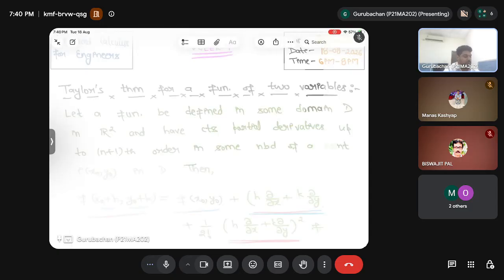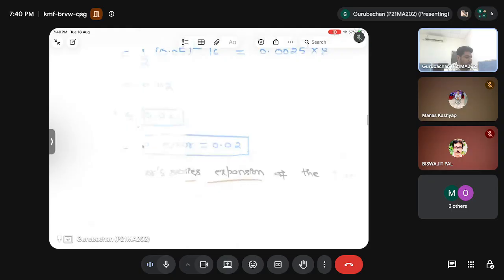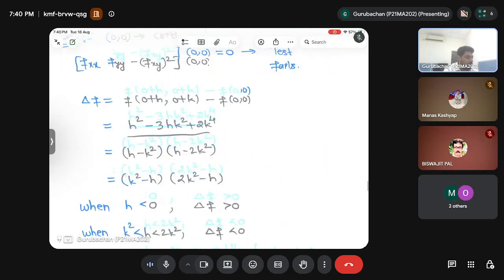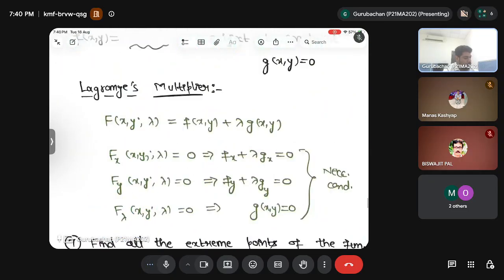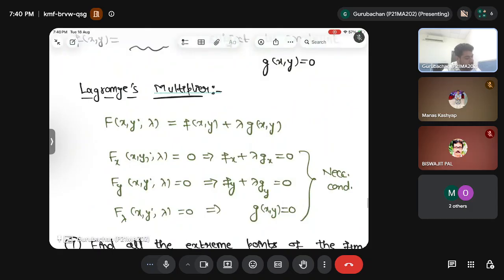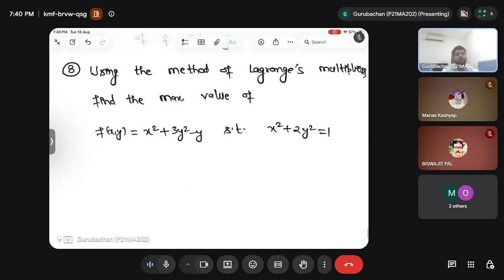So in this case you need to find out, using Lagrange's multipliers, the maximum value.